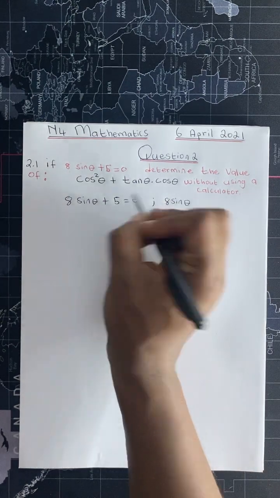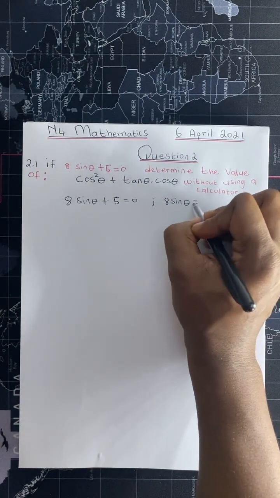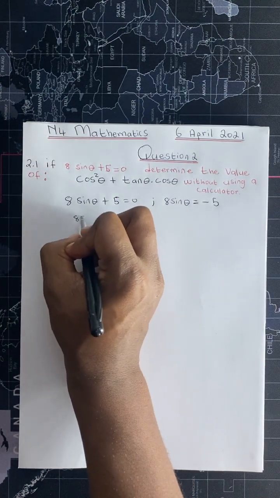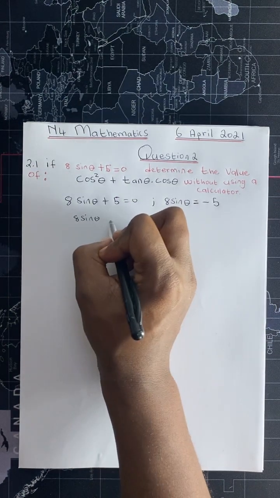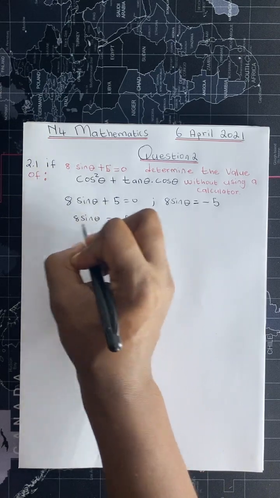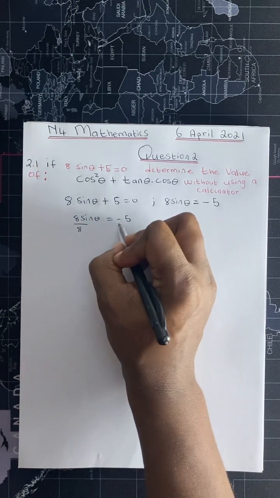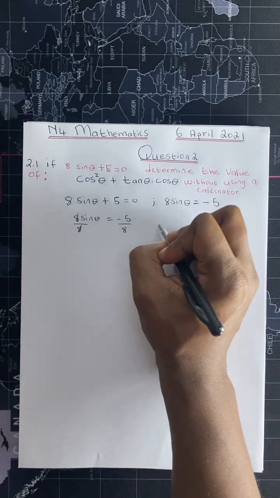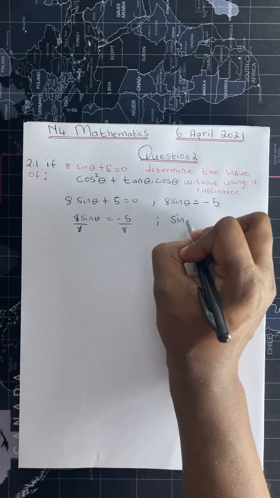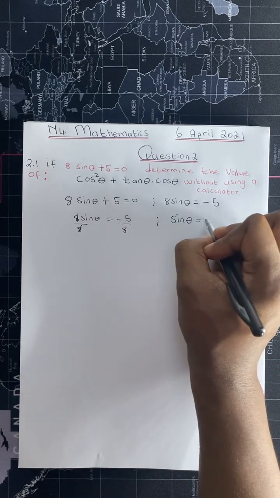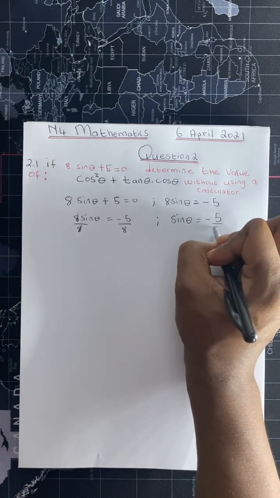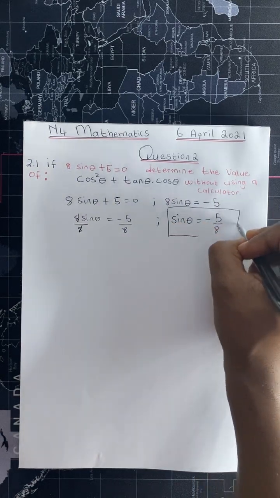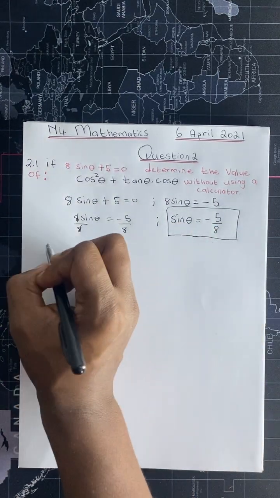We take this 5 to the right, it's going to change sign from positive to negative 5. And from here, we divide both sides by 8. That 8 will cancel out with that 8, and sin theta will be equal to negative 5 over 8.